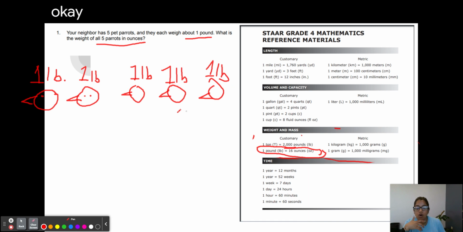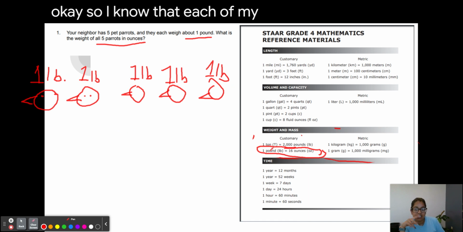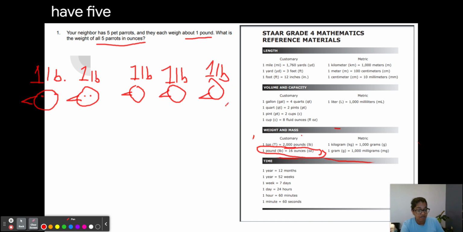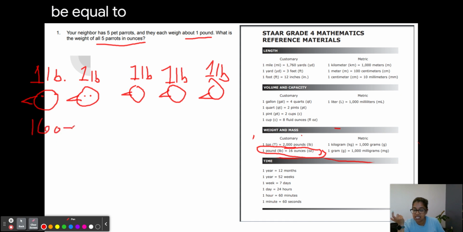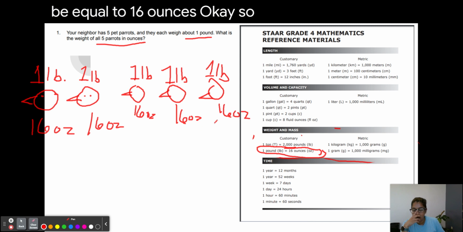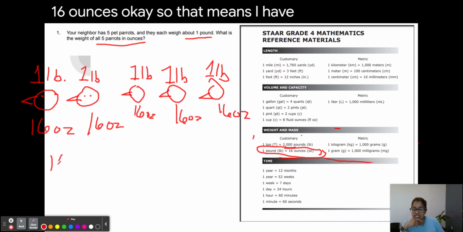Okay, so I know that each of my parrots is 1 pound. I have 5 parrots. So each of these parrots is going to be equal to 16 ounces. So 1 pound is equal to 16 ounces, which means I have 16 five times.